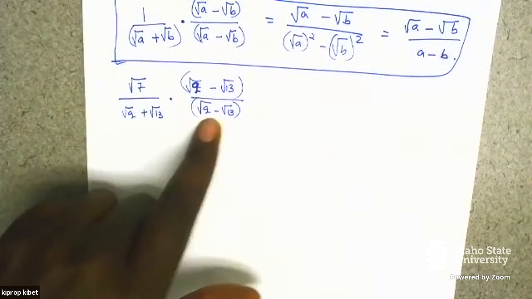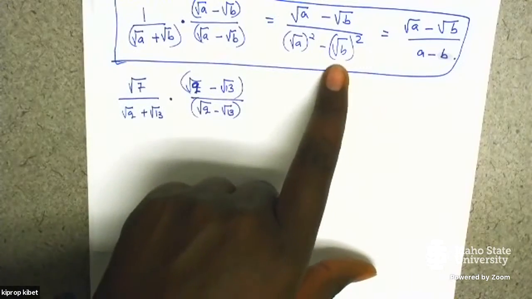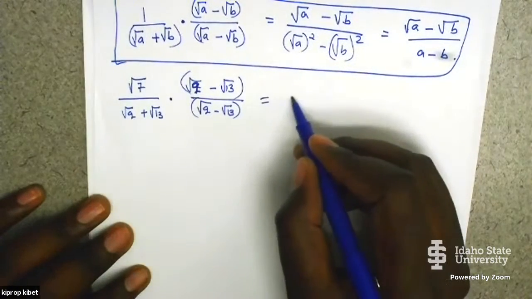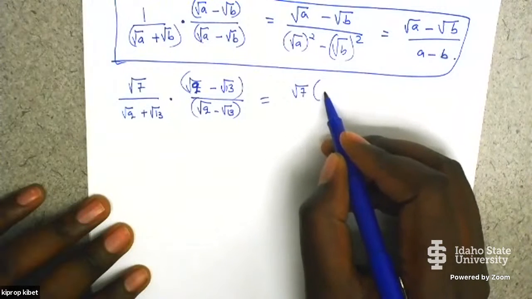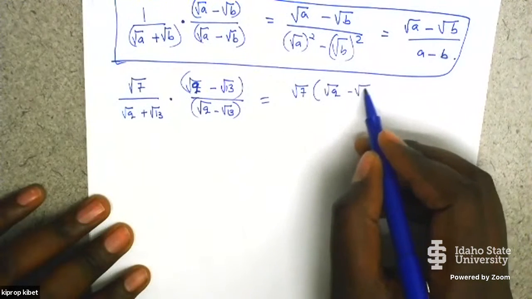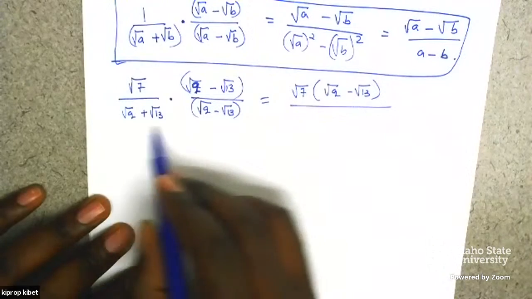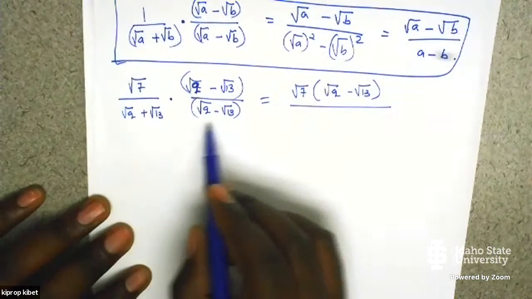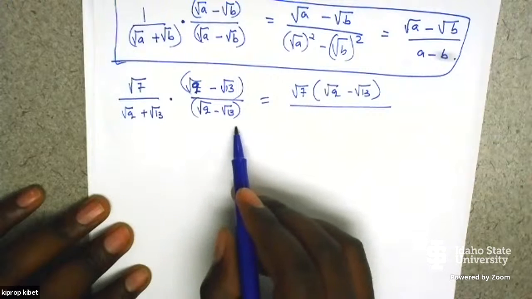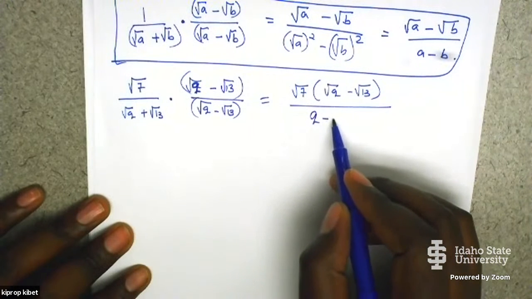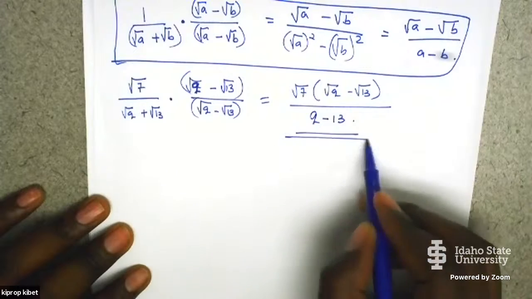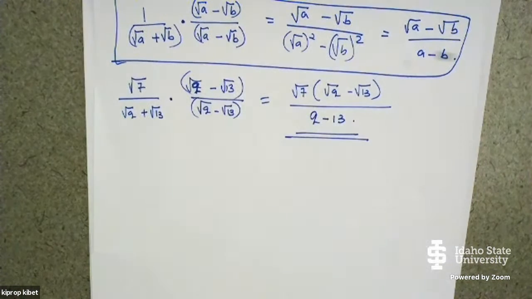Using the same analogy that we used up here, this equals the root of 7 multiplied by the root of q minus the root of 13, all over a difference of squares. It means the denominator will be q minus 13. That is how we rationalize.